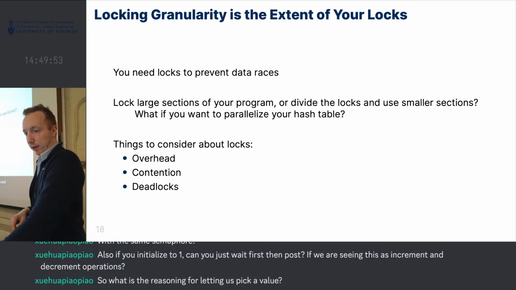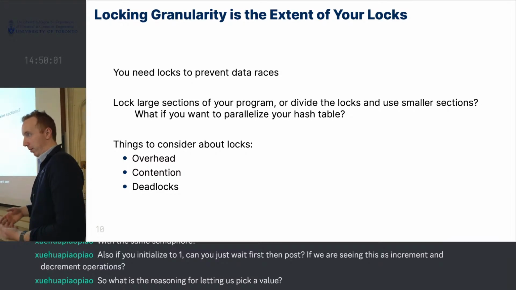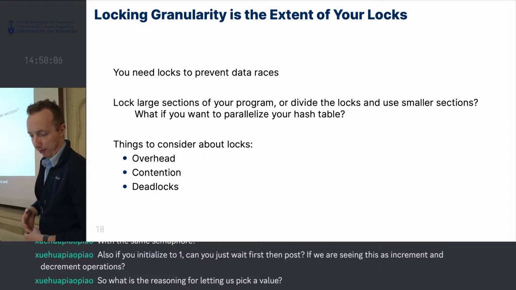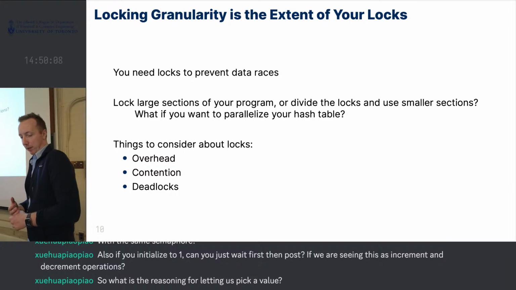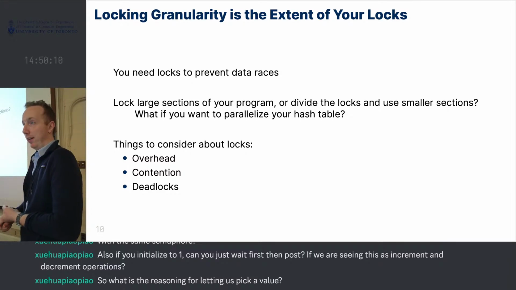So some things to consider about locks is, well, the overhead of the lock, so it's not free to lock and unlock. You also have to allocate memory to them, so if you create 1 billion locks, probably not good. That's going to waste a lot of memory. You also want to make sure that with your locks, contention is a thing.